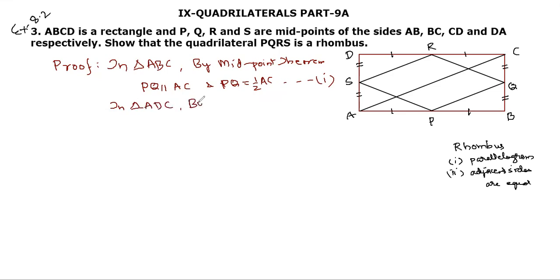Again by the midpoint theorem, in triangle ADC, we have SR parallel to AC and SR equal to half of AC.